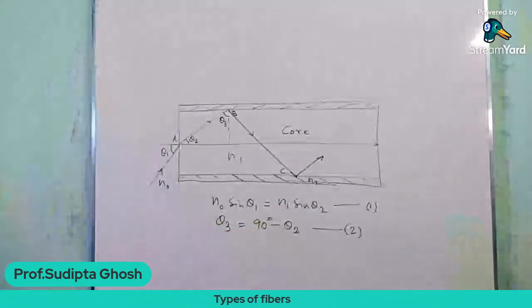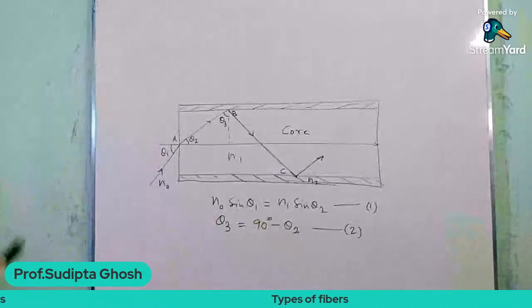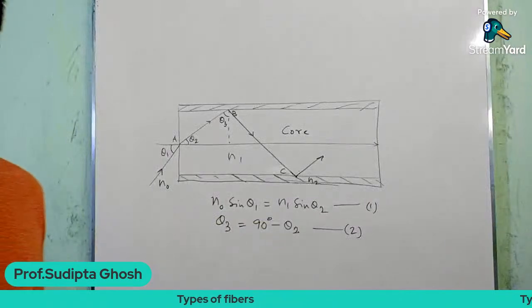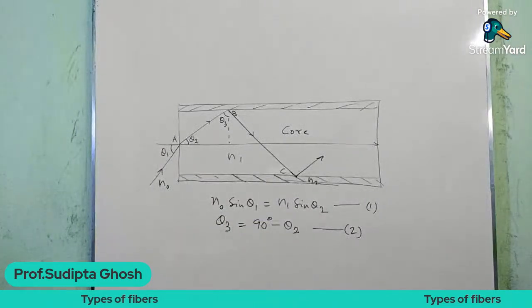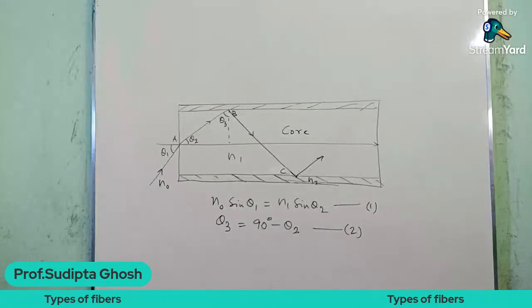But remember, there is a value of the critical angle at the core cladding interface, and the value of θ3 must not be less than the critical angle at the core cladding interface.